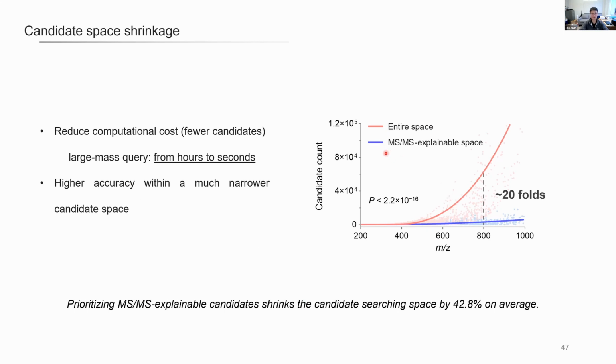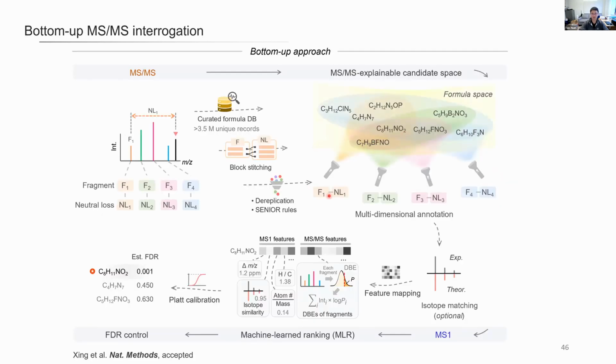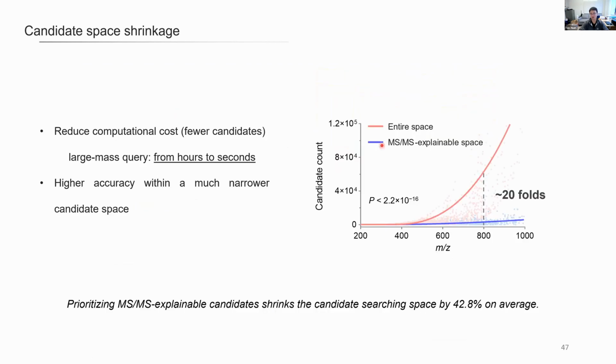On the other hand, with this mass-explainable space, we only look for candidates that can be explained by the fragment and the neutral loss, and we get a 20-fold decrease in candidate count. That really allows us to deal with large molecules, because we can still shrink down the candidate space and make it computationally feasible to process on a personal computer.